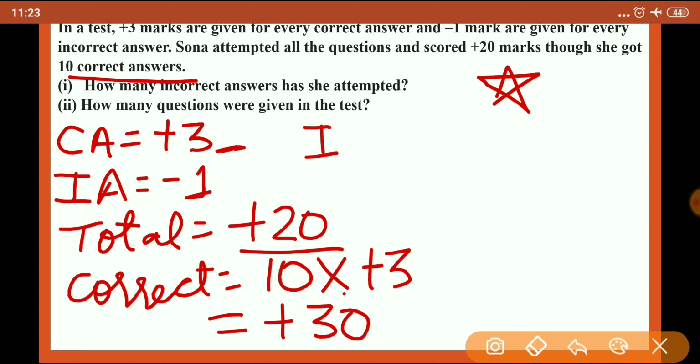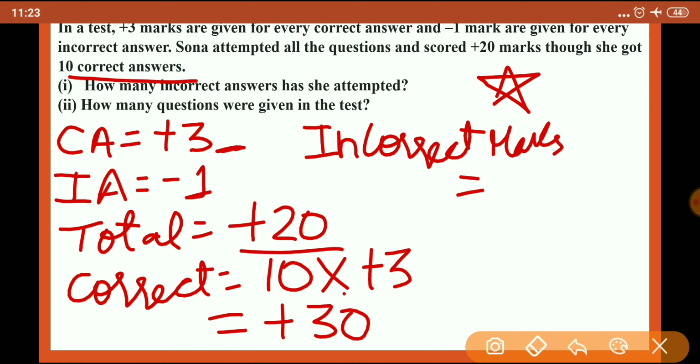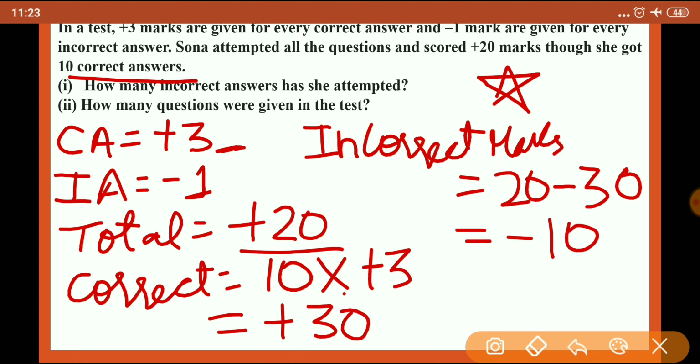Now to find the incorrect marks, you will subtract this correct from total. So 20 minus 30. Okay, so it means you can say minus 10.